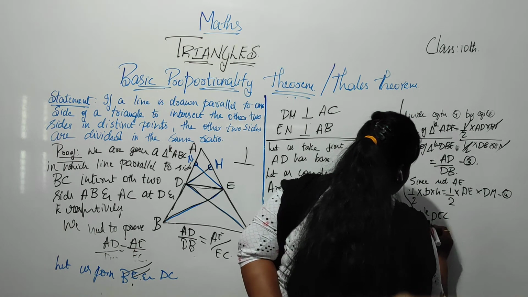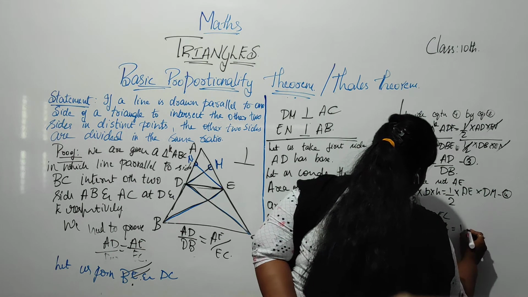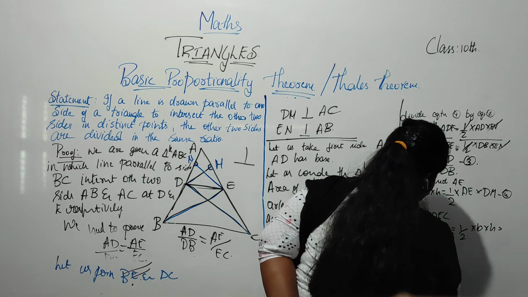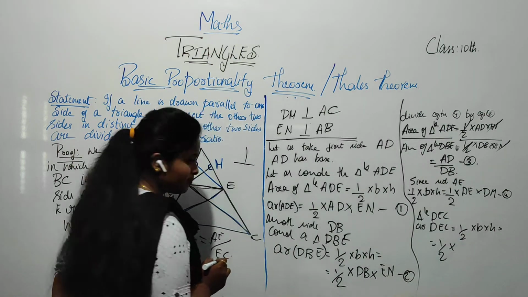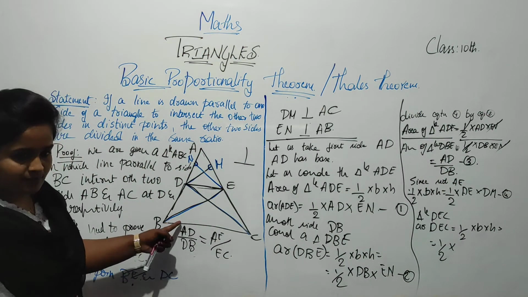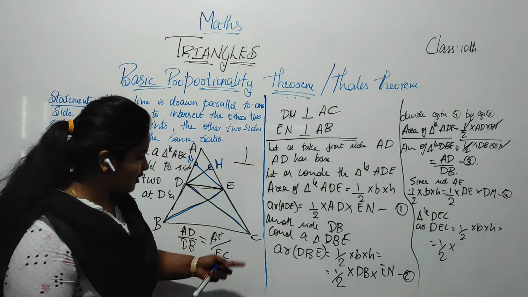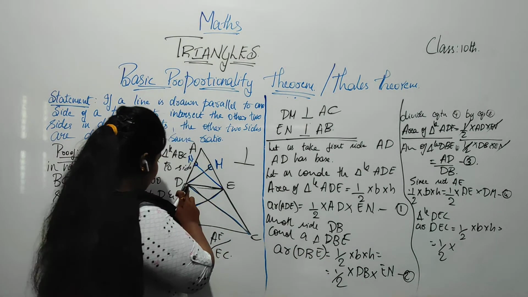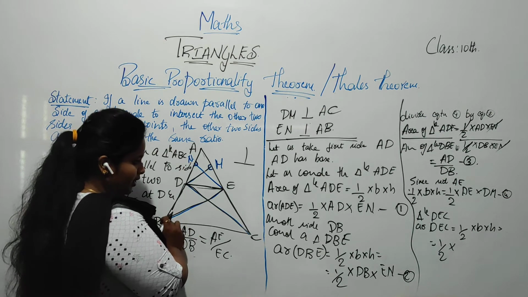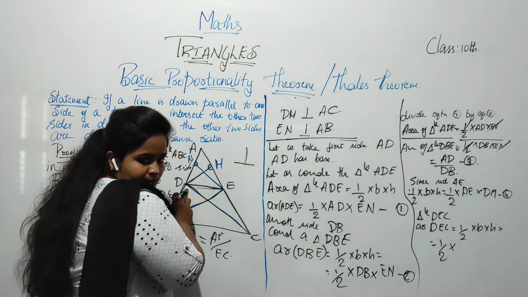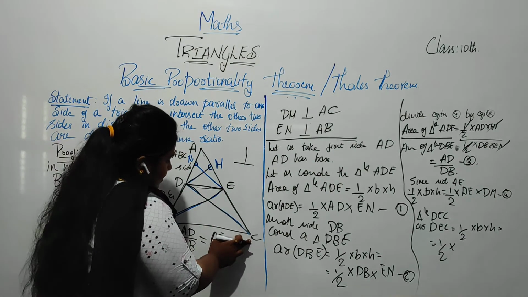Area of the triangle DEC equals half into base into height. Here the base of this triangle is EC. In the previous one we took the base as DB, now we will take the base as EC.